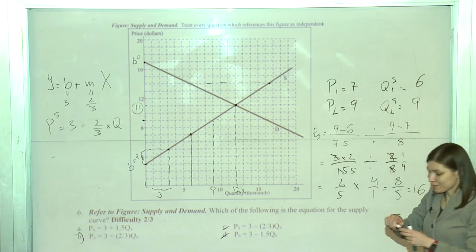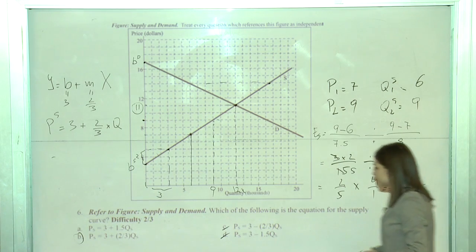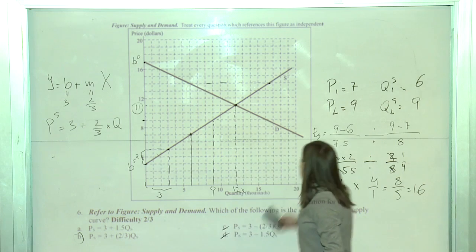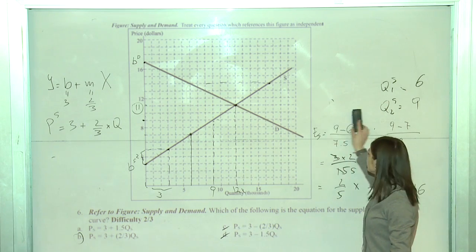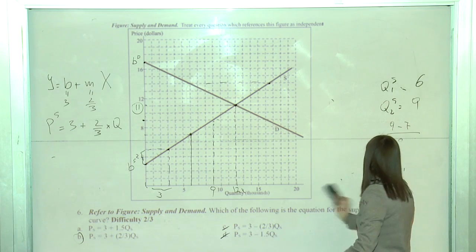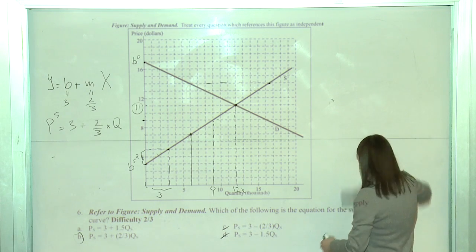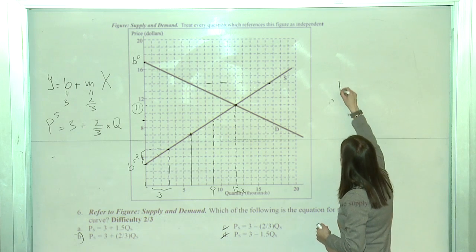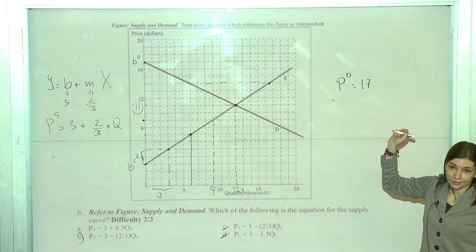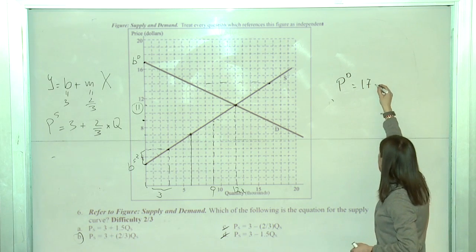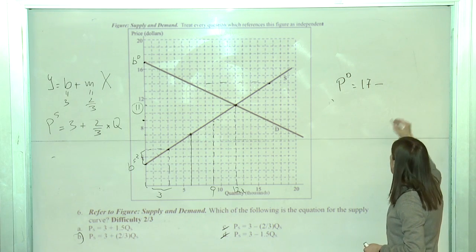What is the equation of the demand curve? Again, it's b plus mx. So what is the intercept? For the demand curve, we're going to have 17, then plus or minus the slope times the quantity. The demand curve is downward sloping, so the slope is going to be negative.